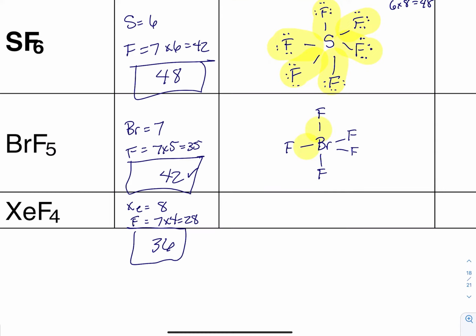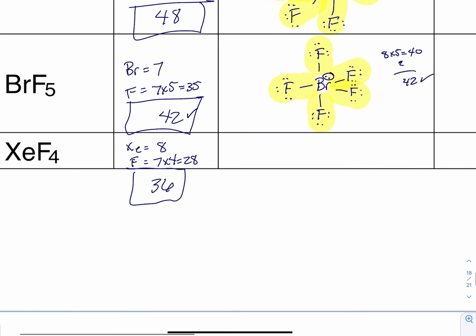So 40, 38, 36, 34, 32, 30, 28, 26, 24, 22, 20, 18, 16, 14, 12, 10, 8, 6, 4, 2, and I've still got those 2 because it goes down to 0. So there's my 2. Again, I'm going to count the other way. So I could also say that's 8, 8, 8, 8, 8. So 8 times 5 is 40, and then that lone pair gives me my 42.